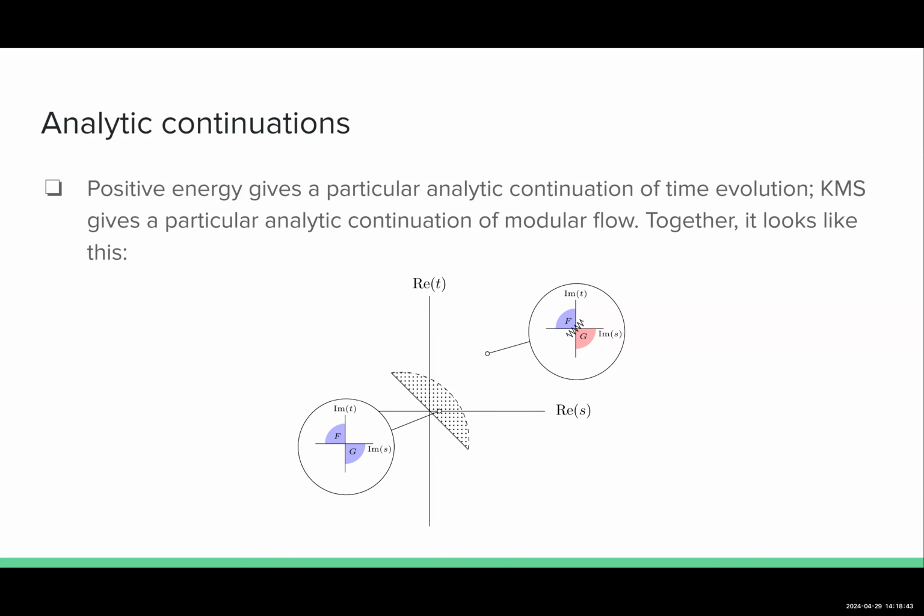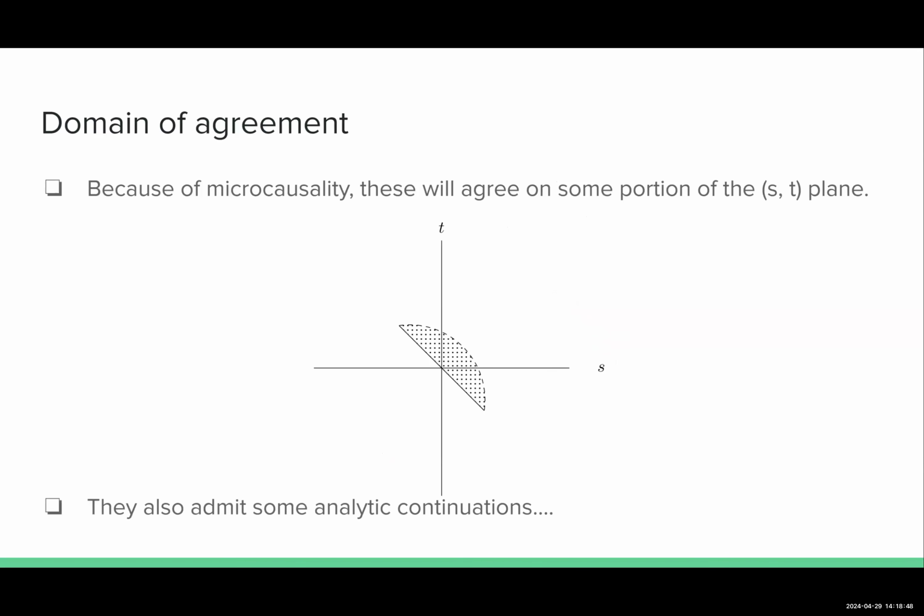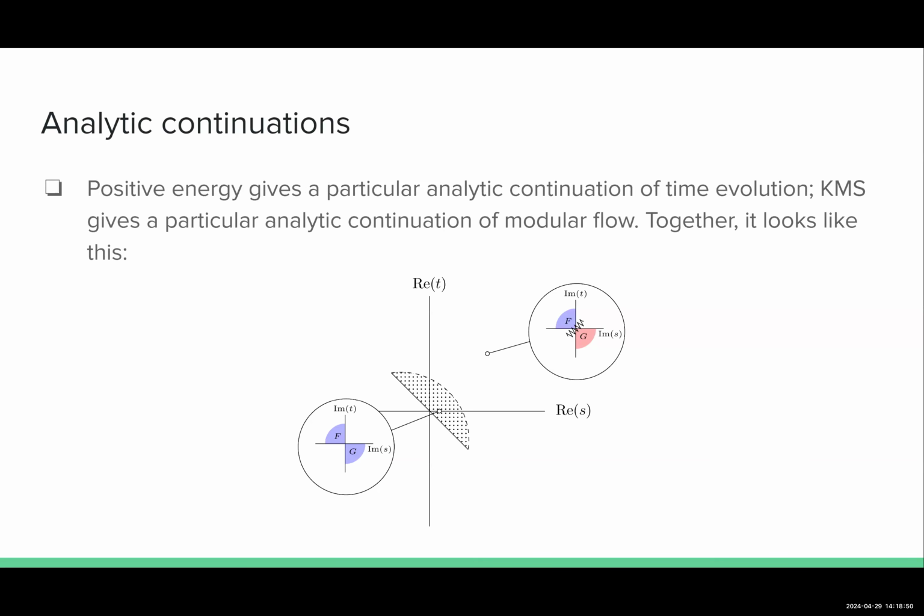So you have to think about what this actually looks like, but I've drawn a picture for you. I took this ST plane that I had before, and I made it the real S, real T plane. And now I'm thinking about this as living in some higher dimensional complex space. So there's like a secret plane hidden inside every point, which is where the imaginary directions live.